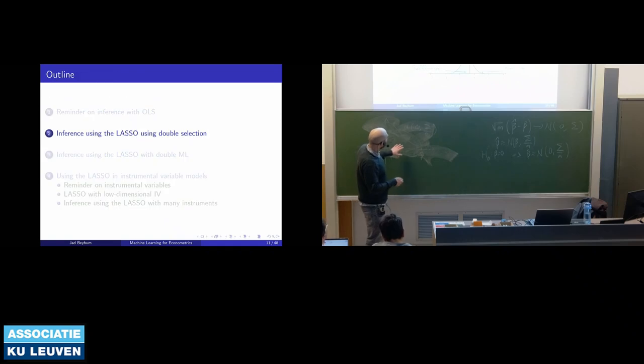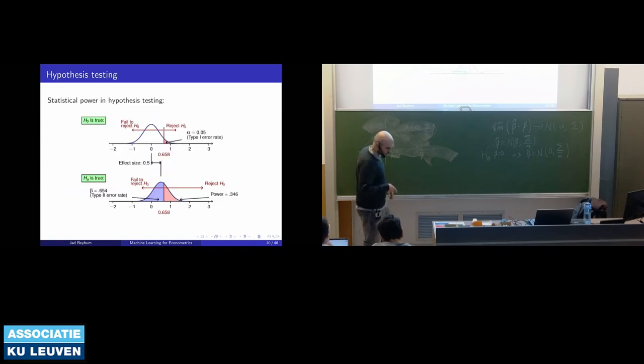When you are unlikely enough, you're going to have what we call a p-value. The p-value of a test is just the probability that you find a beta hat which is larger in absolute value than this if H0 was true.